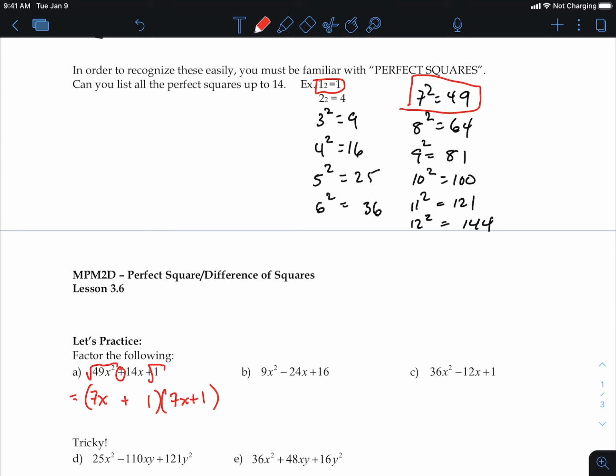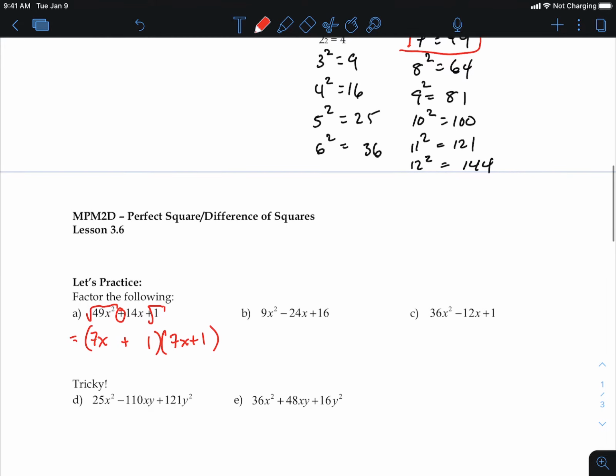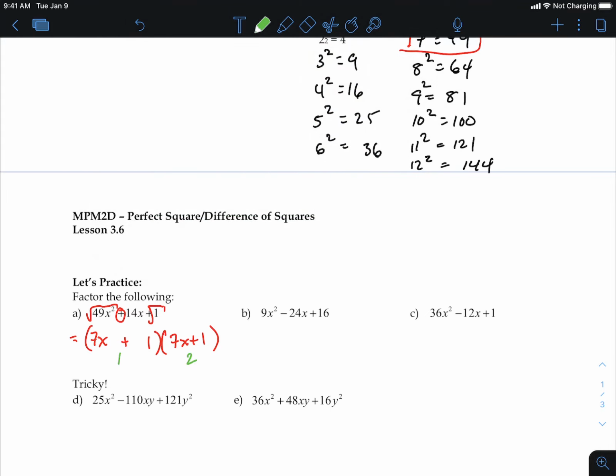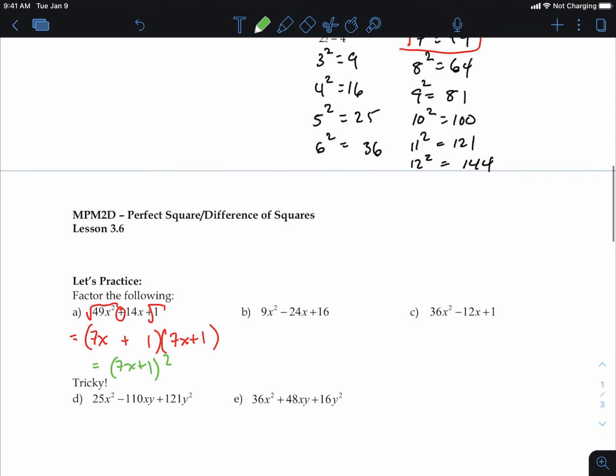Can you also just write it like 7x plus 1 squared? Some of you came across this in the work yesterday. Anytime you have 2 of the same thing, you can combine them and it turns into a square.